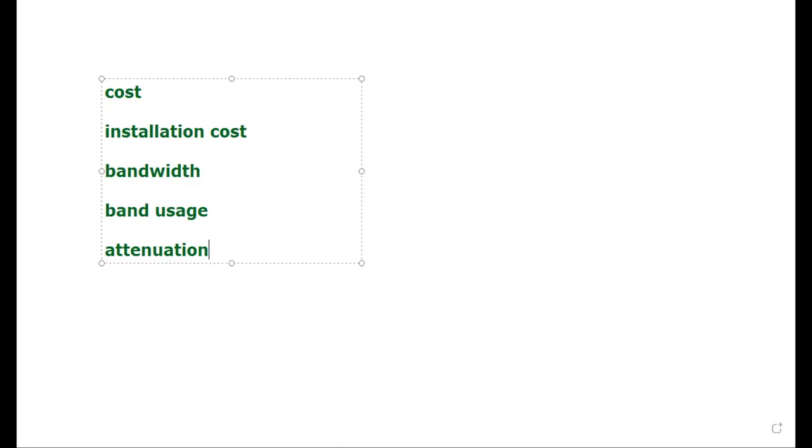Larger the distance, the attenuation will be more. So fiber optics has less attenuation, and UTP STP cable has more attenuation.